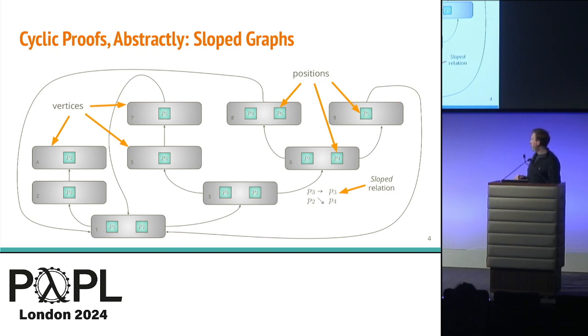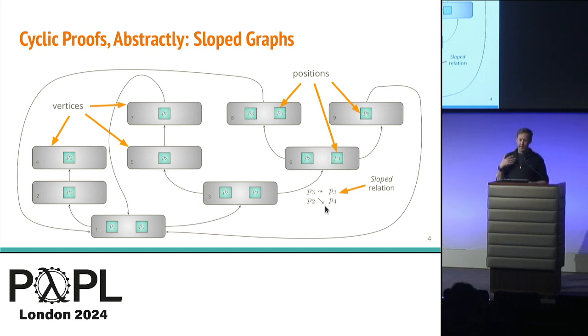For that we use what we call sloped relations, and these say whether consecutive positions are in a non-increasing relationship, which we represent with this horizontally sloped arrow, or whether they're in a progressing or decreasing relationship, which we represent with this downward diagonally sloped arrow.